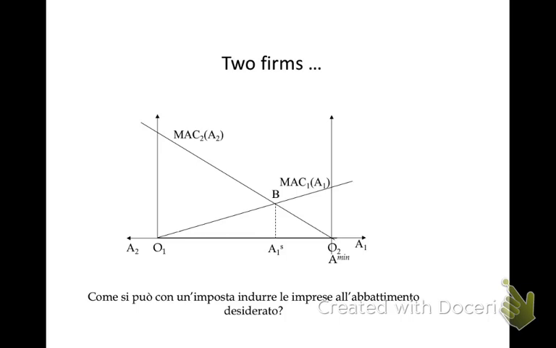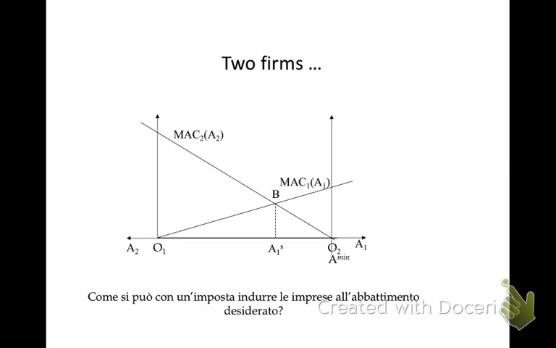And if we read from O2 to A1, we have the amount which is abated by firm 2. And in this point, the marginal abatement cost of the two firms is the same. As you can see, this is different from the standard, so the different firms behave in a different way.